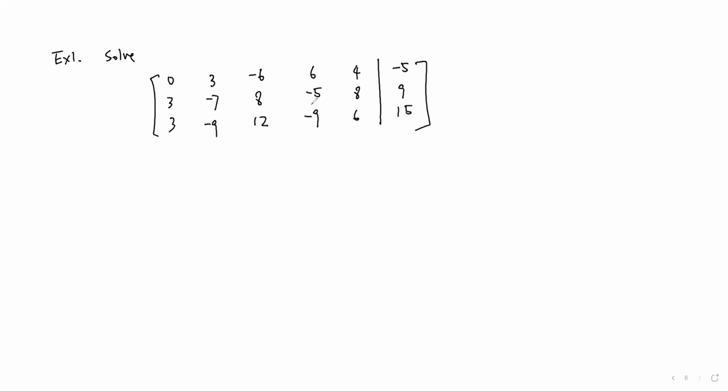Solve the linear system, then write its general solution in vector form. Two questions: one is to solve the linear system, and after you get the solution, write the solution in vector form.